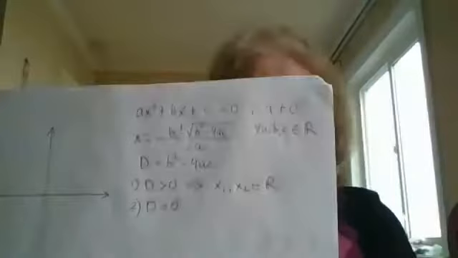The second case is we plugged in the a, b, and c values, calculated b squared minus 4ac, and we got D equals 0.